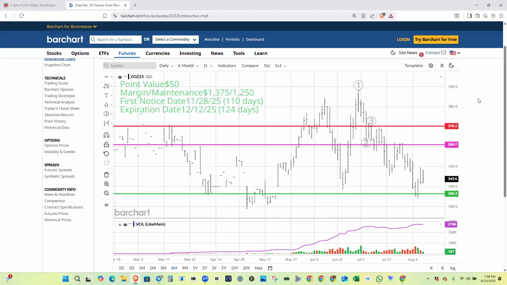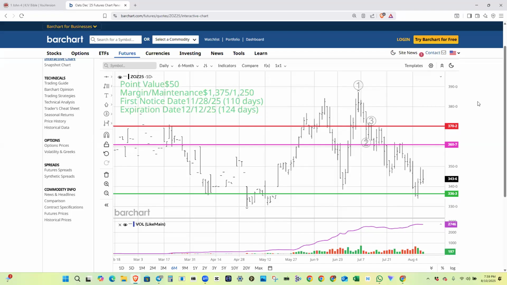Remember, this contract is 5,000 bushels of oats, right? So you're talking significantly more than what the actual product is worth.